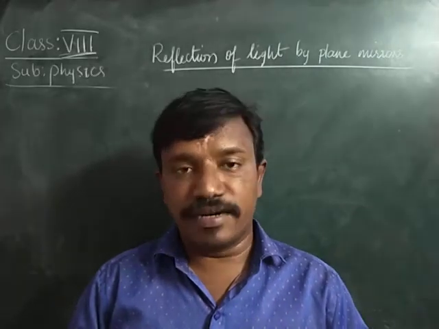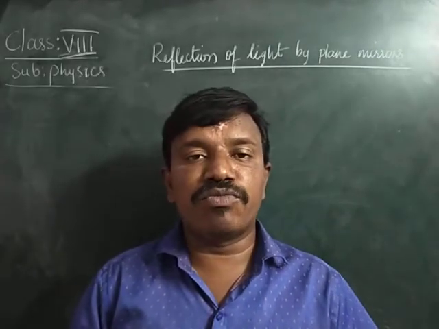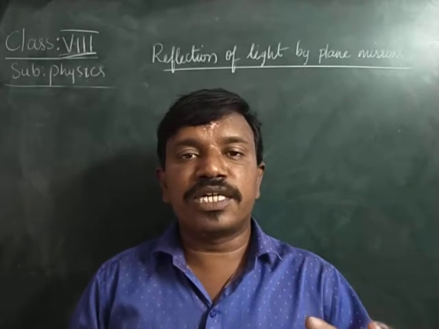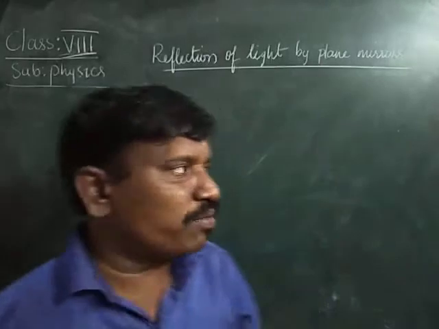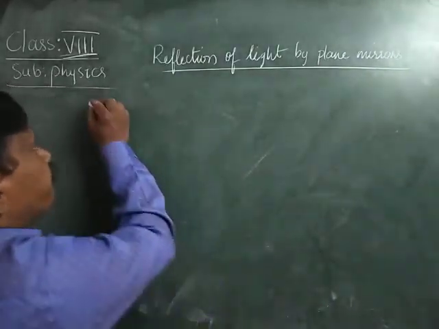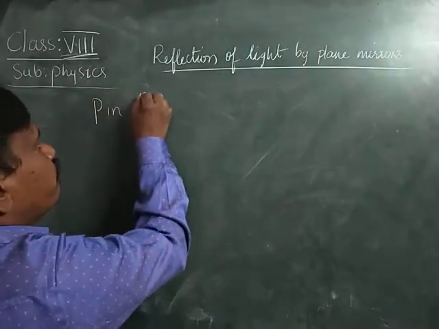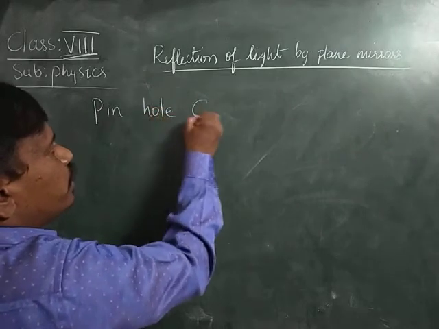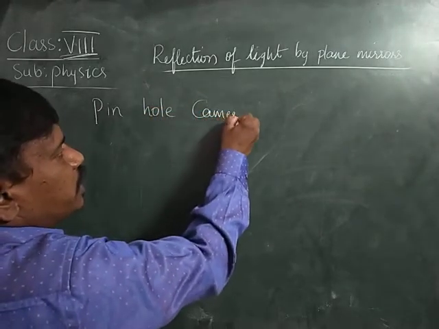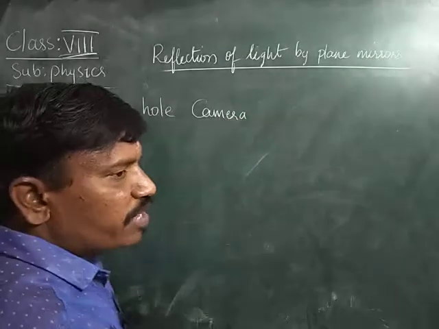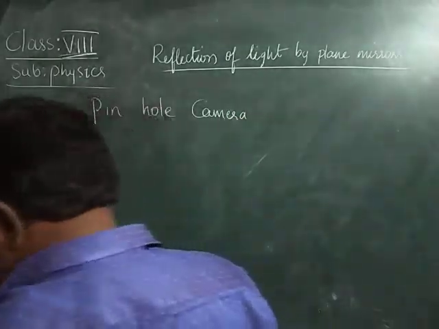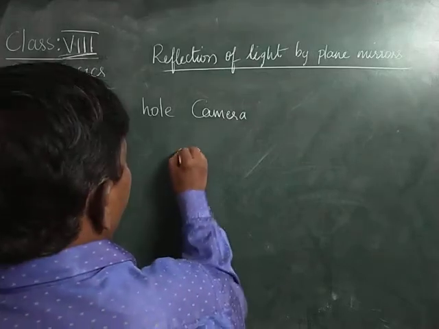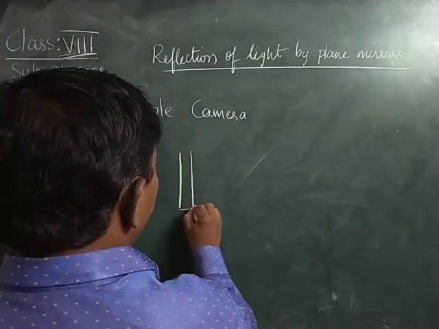Like that we learned. Now we'll be learning about some more terms and some more things in this chapter. Especially we'll be learning about the pinhole camera. Pinhole camera means the camera where there is only one pinhole. Normally here the image is given like this.